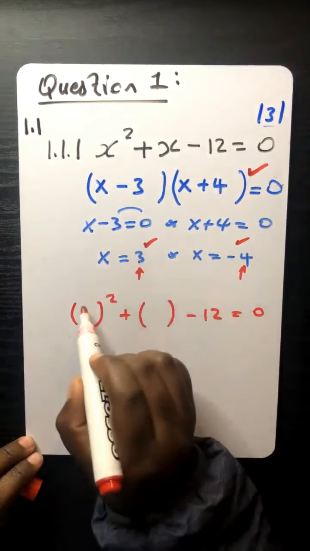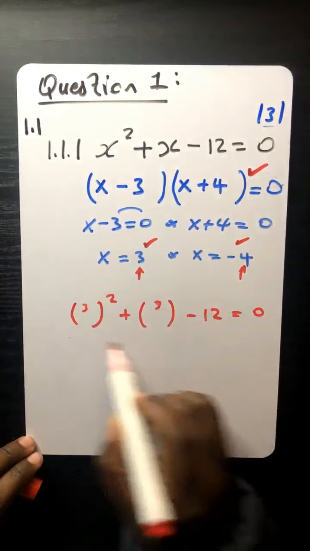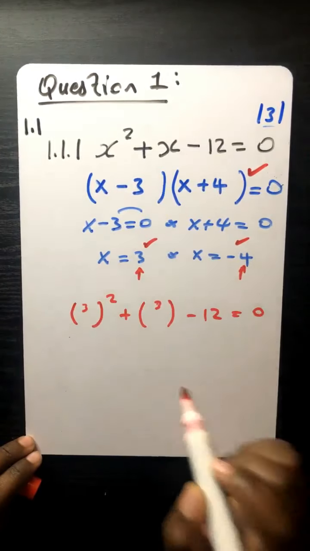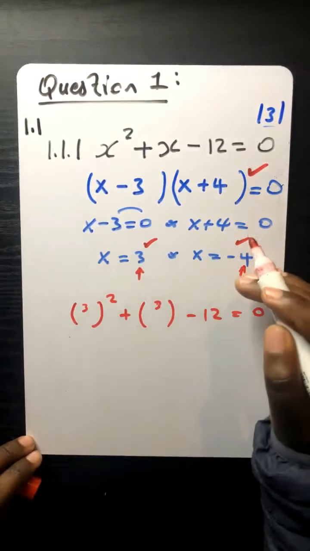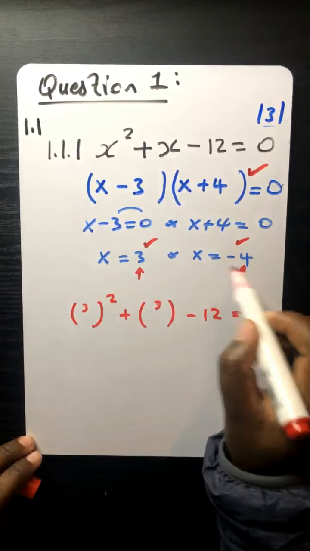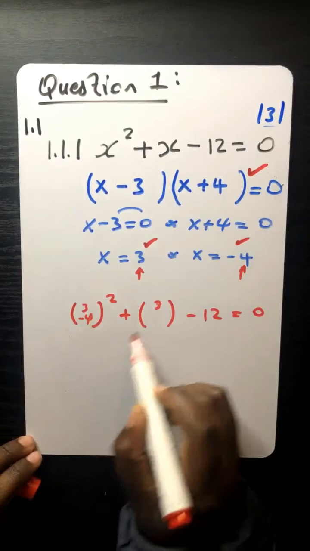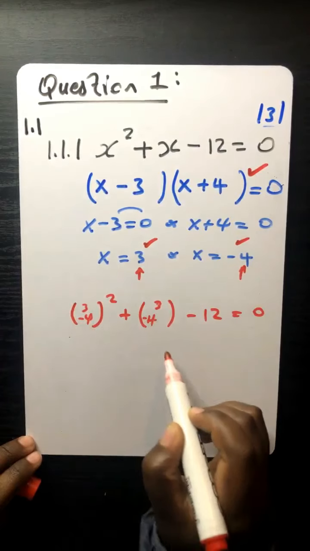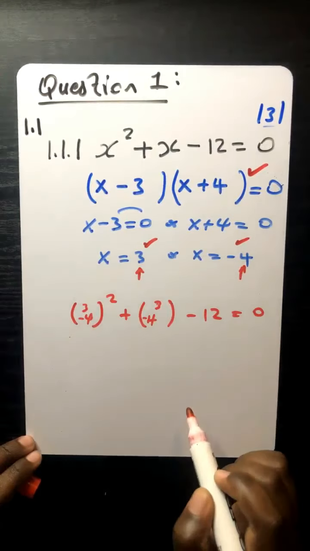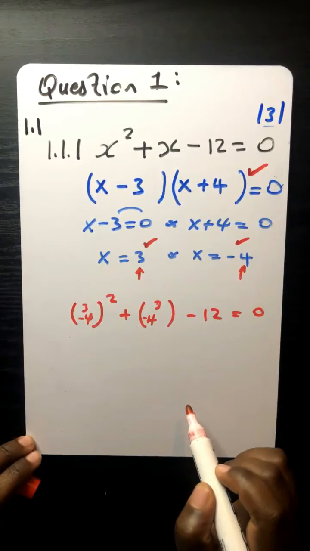Firstly, substitute with 3 there, punch the whole of this and expect to get 0. If you don't get 0, something is wrong. It's either your calculation is wrong or you punched something incorrectly. Number 2, test with this one. Substitute negative 4 there, punch the whole of this, expect to get 0. If you don't get 0, then you know something went wrong.